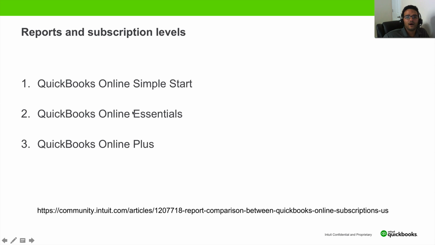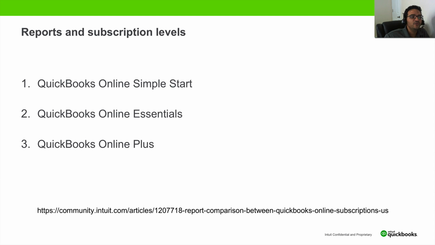Now, let's talk briefly about what reports are included under the different subscription levels. So, for example, QuickBooks Online Plus is the only version of QuickBooks that can track information by class or location. Therefore, any reports like profit and loss by location, profit and loss by class would only be in QuickBooks Online Plus.